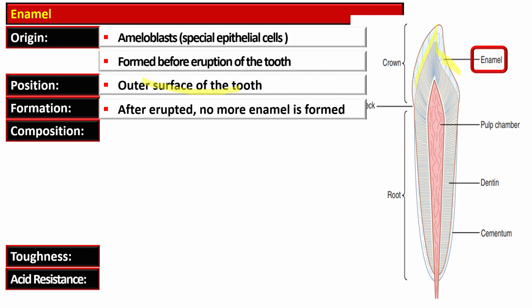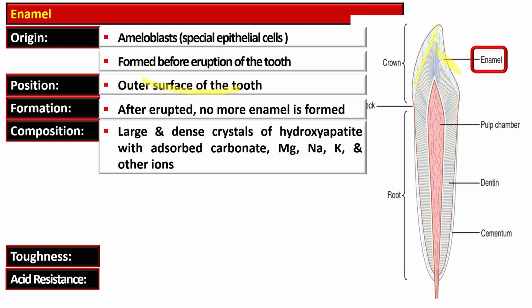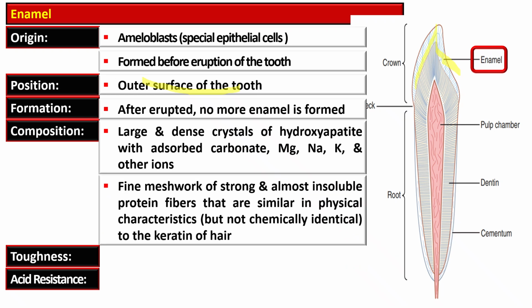It is composed mainly of large, dense crystals of hydroxyapatite, which is calcium phosphate with trace ions like carbonate, magnesium, sodium, and potassium, embedded within a fine, strong protein fiber meshwork that is about 1% of the enamel mass, similar in properties but not in chemistry to keratin in the hair.